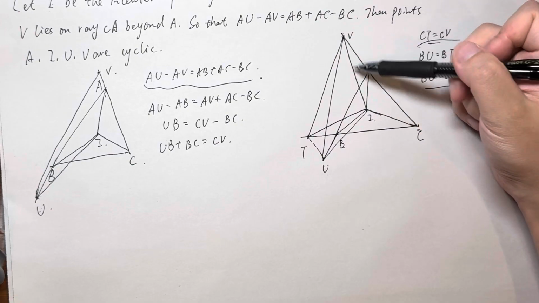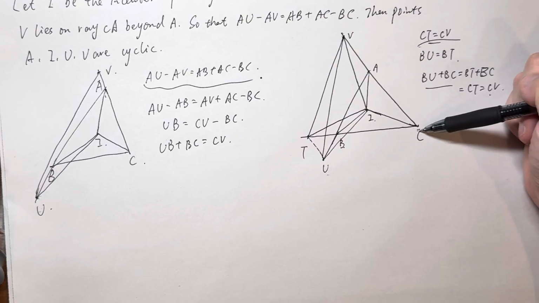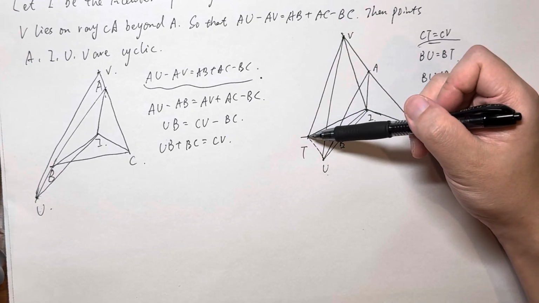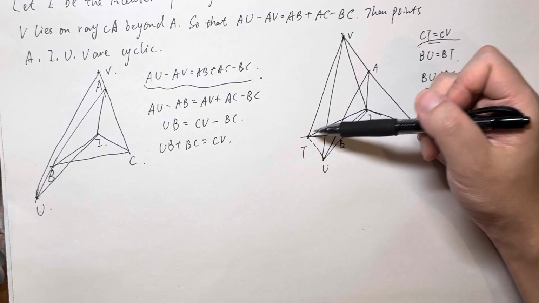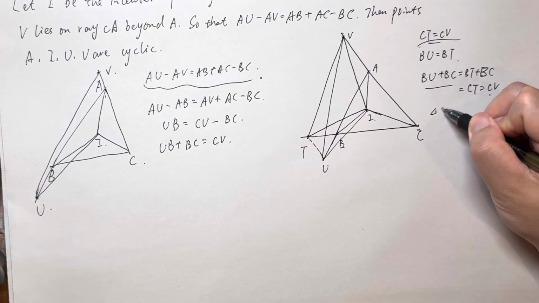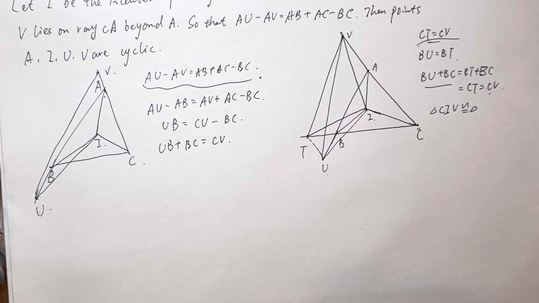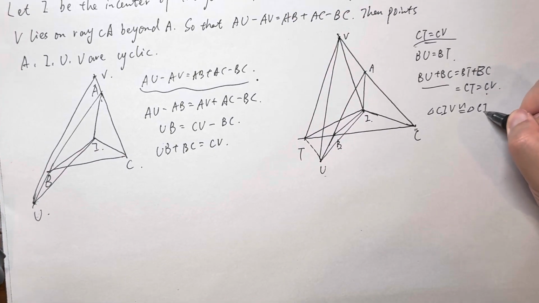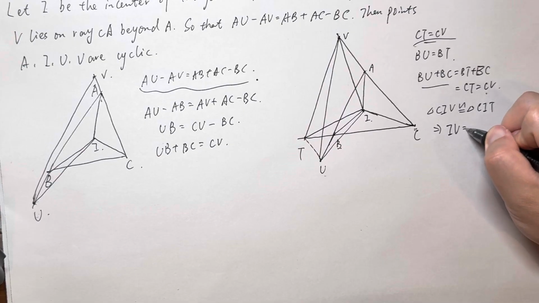So the triangle CIV is congruent to triangle CIT, right? So we get the conclusion that IV equals IT.